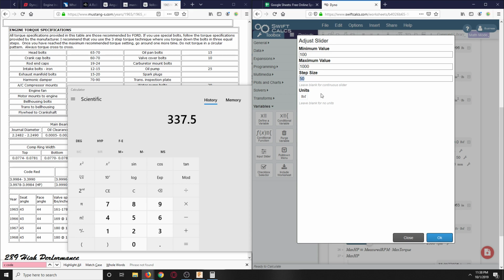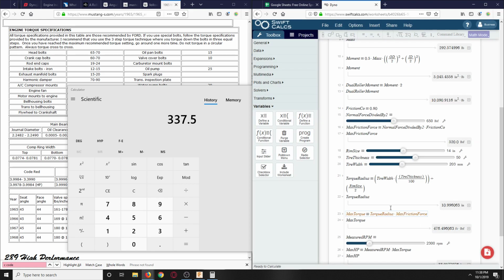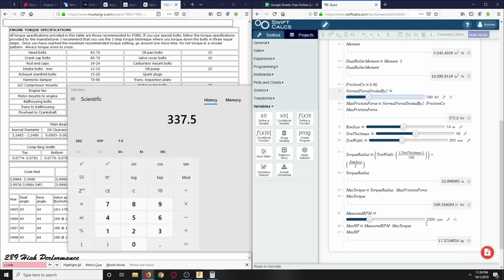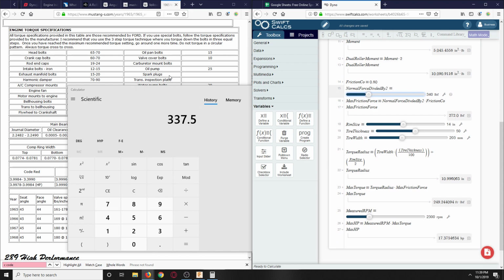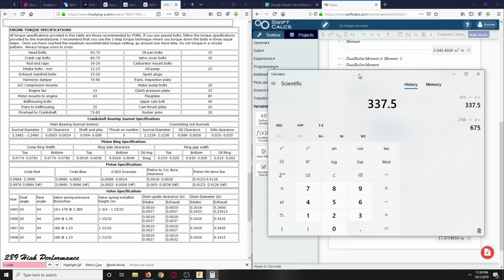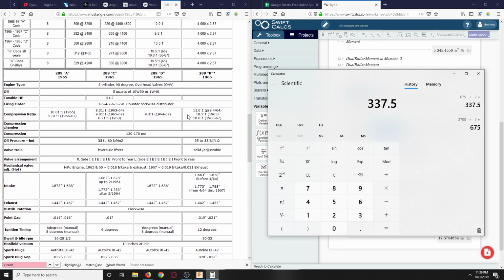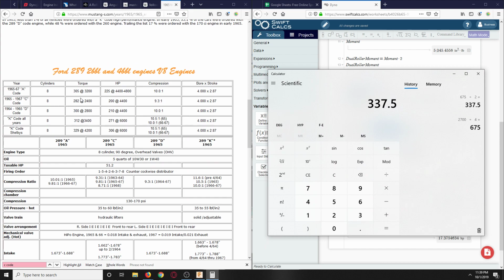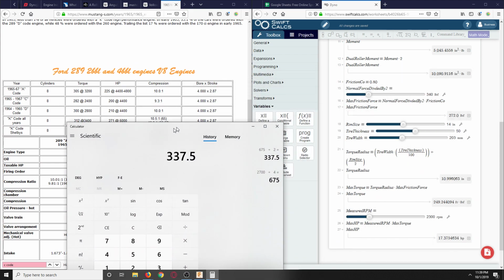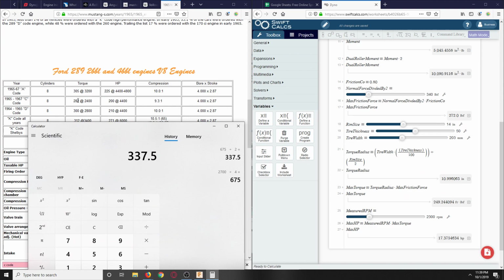And let's say that this is every 10 pounds in this case. So let's say that we're at 340 pounds. So max is 250 foot-pounds, which is still too low compared to this guy.